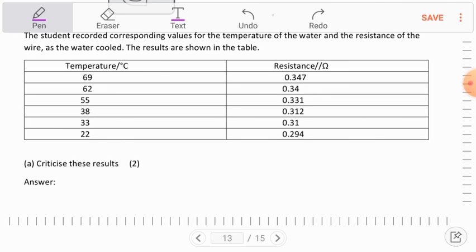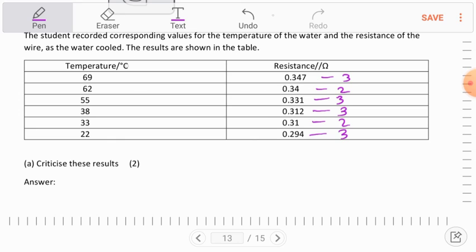Like if the temperature decreased by 5 degrees Celsius or increased by 5 degrees Celsius, is there a regular pattern throughout the entire column? So let us first find the difference in significant figures for the resistance. We can see that it is 3 significant figures. This is 2, again 3, 3, 2, and again 3. So there is no consistency in the significant figures for the resistance.